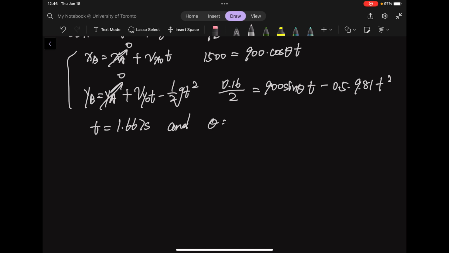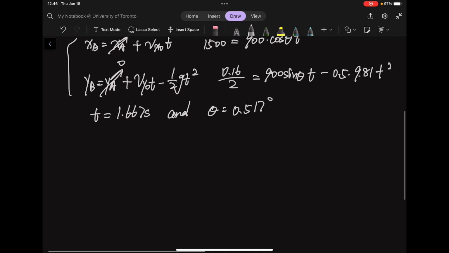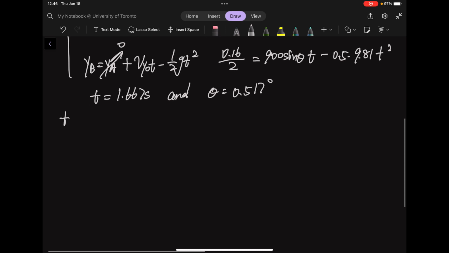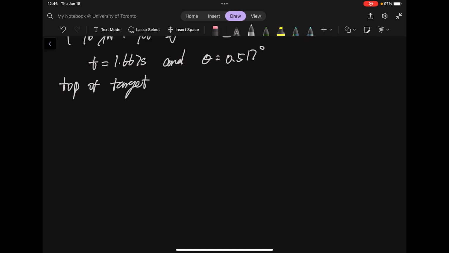When we solve these two equations, we will get t is equal to 1.667 second and theta is 0.517 degree. When the bullets reach the top of the target, everything will be the same except the YB. Right here, YB is positive. It's equal to 0.08 meter. Same equation, just change YB.